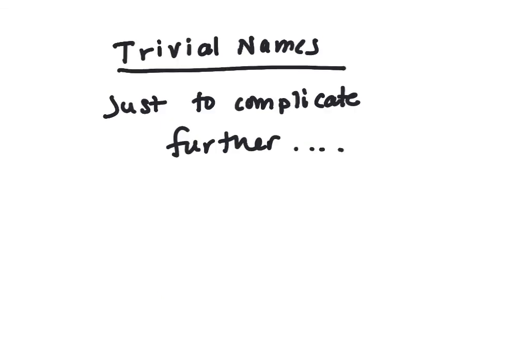So just to complicate your lives even further, you're also going to have to be responsible for some trivial names of alkanes, alkyl halides, and ethers. Okay. From the alkane perspective, sometimes butane is known as n-butane.